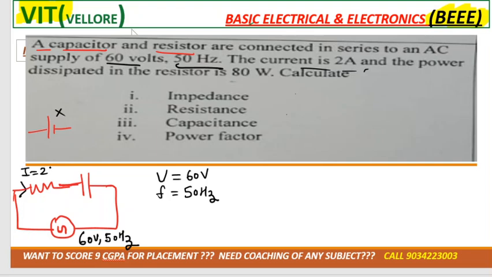And the power dissipated in the resistor is 80 watt. They mention it's across the resistor only, it's not the whole power. So the power across the resistor is 80 watt.